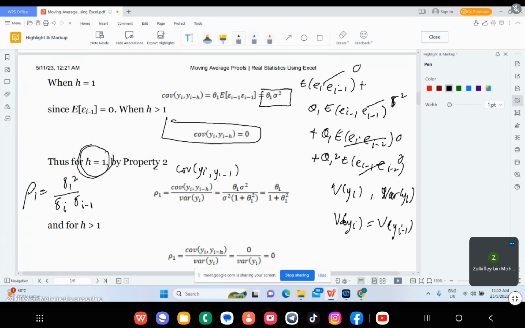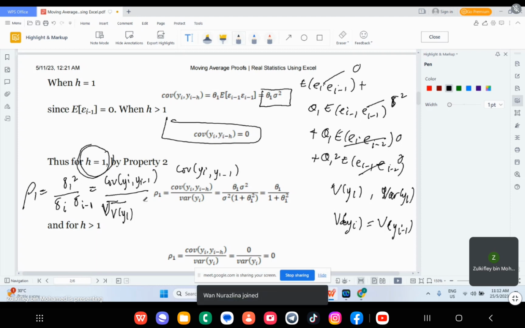Sebab itu kat sini, standard deviation, because of this formula, is the covariance of yi and yi minus 1 divided by the standard deviation, or square root of variance. The standard deviation of yi is the square root of variance of yi, and the standard deviation of yi minus 1 is the square root of variance of yi minus 1.